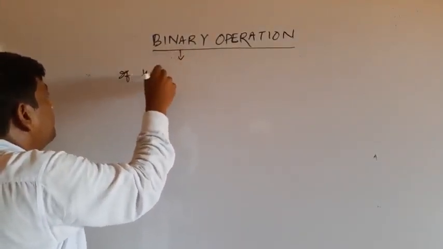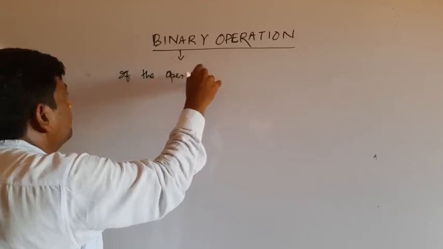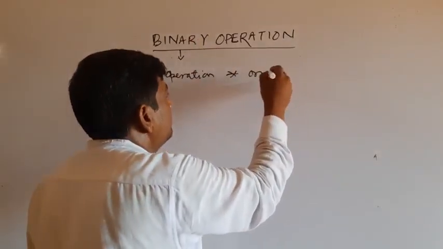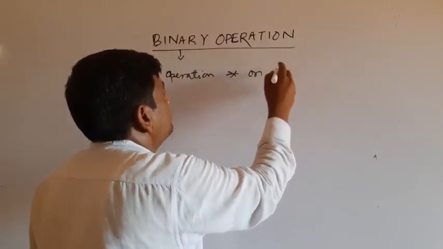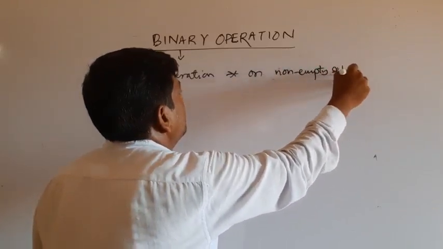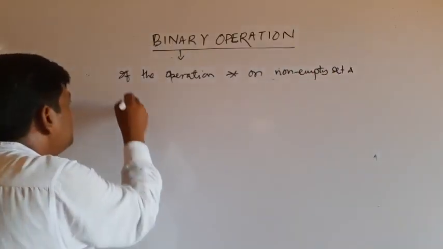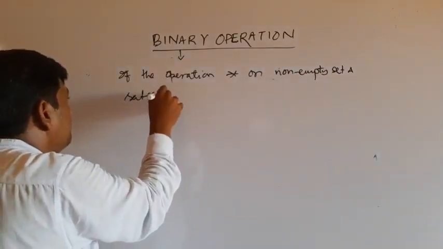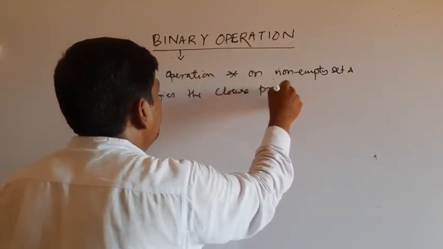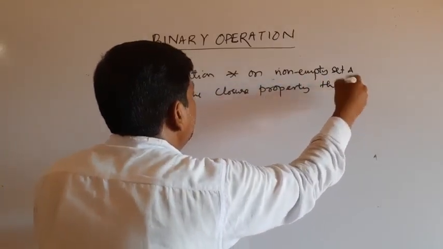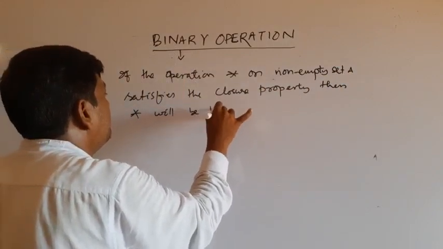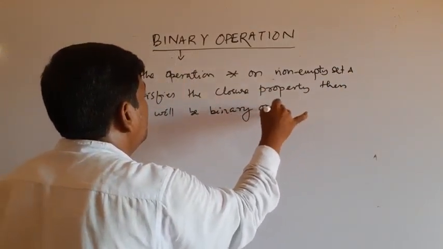We can say that if the operation star on a non-empty set A satisfies the closure property, then star will be a binary operation.